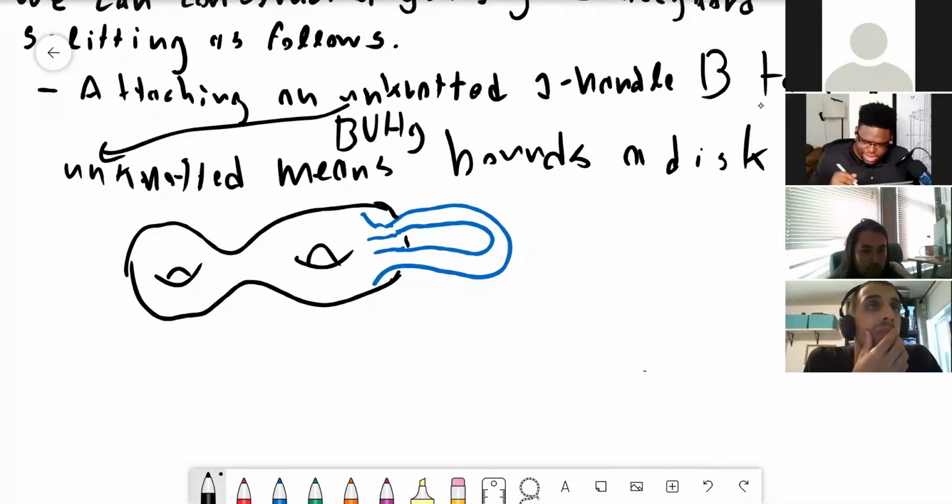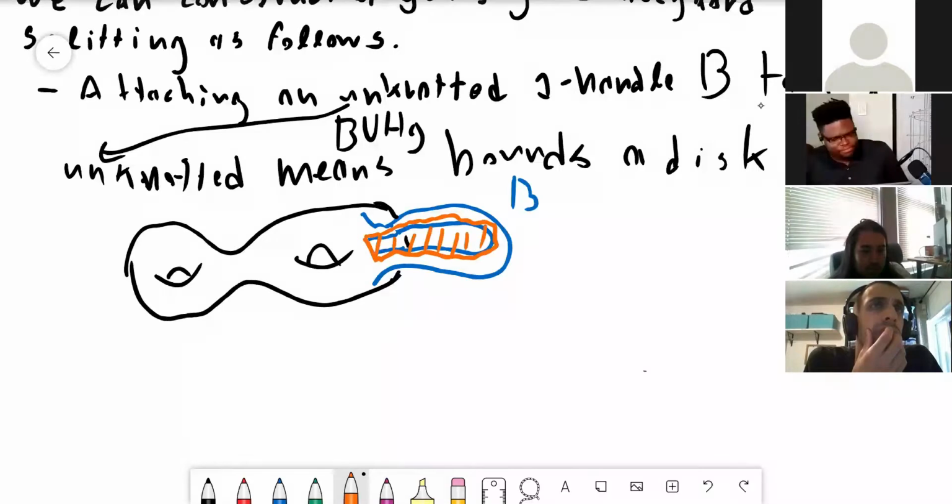So there's an attached one handle. This is B. If we had this picture, we could see that there's a nice disk in here, like that it bounds.